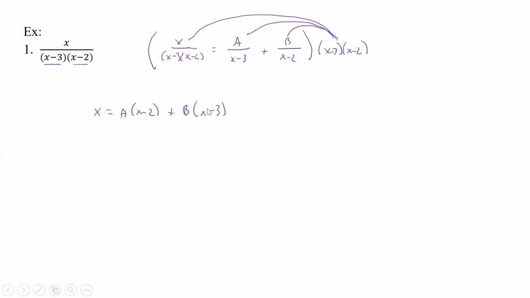So now we're going to expand this. We distribute a times x and a times negative 2, and b times x and b times negative 3. So we get x equals ax minus 2a plus bx minus 3b. Now we're going to set the coefficients of the terms on the left equal to the coefficients of the terms on the right.